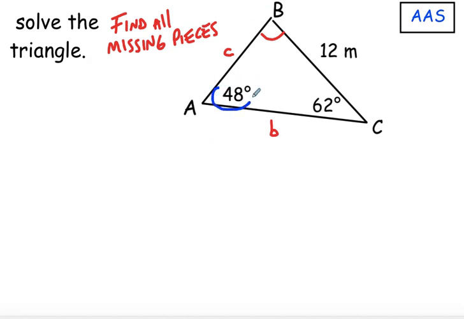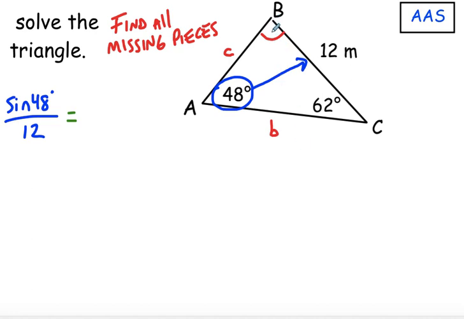So we know this angle A, and we know the side across from angle A. So we could write sine of our angle 48 divided by the side across from it, which is 12. And then we're going to set that equal to another relationship that we can see.